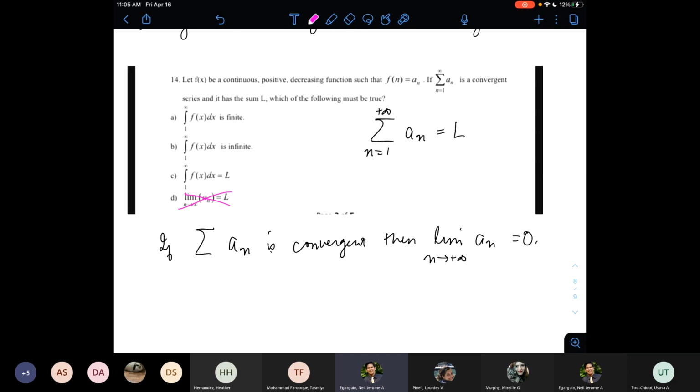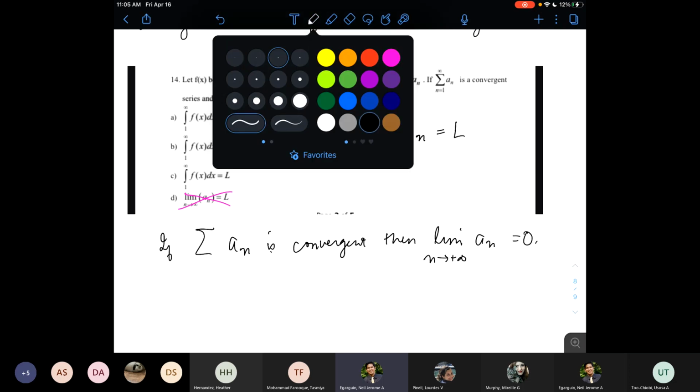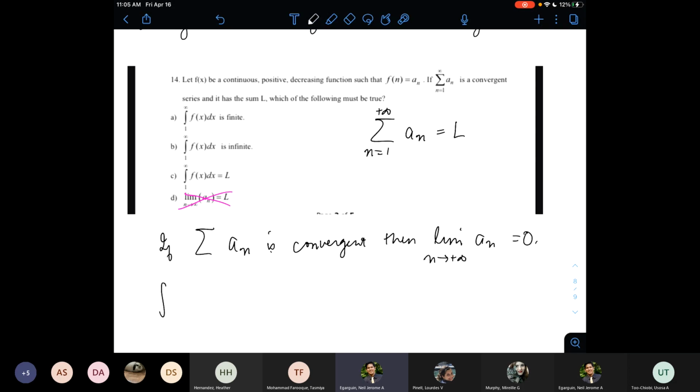Now, if you look again at the problem, the function f satisfies all the requirements of the integral test, right? So the integral test tells us that the improper integral converges if and only if the series converges.